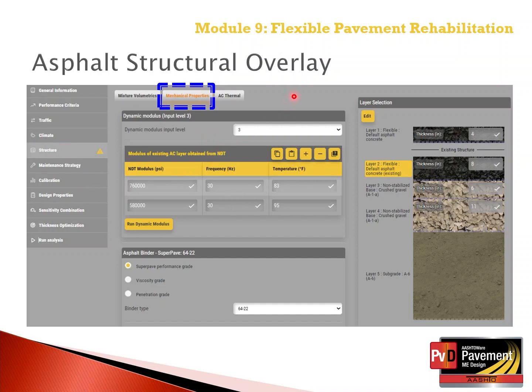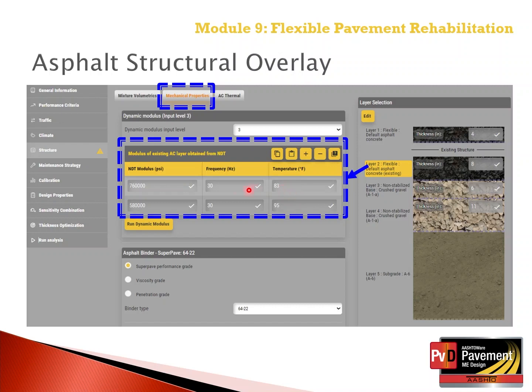So the rehab input level 1 is the asphalt elastic layer modulus, either a single value or multiple values entered in the Pavement ME design software. So we can have 1, 2, or 3 back-calculated modulus values that are a function of the mean pavement temperature at the time of deflection testing.